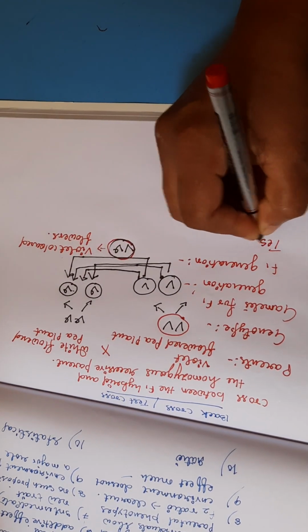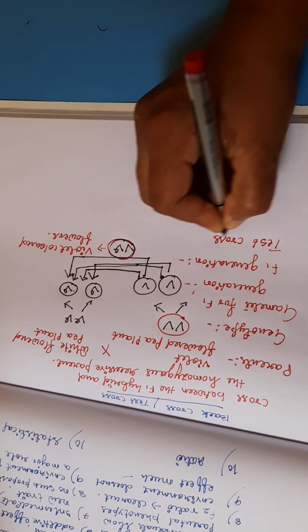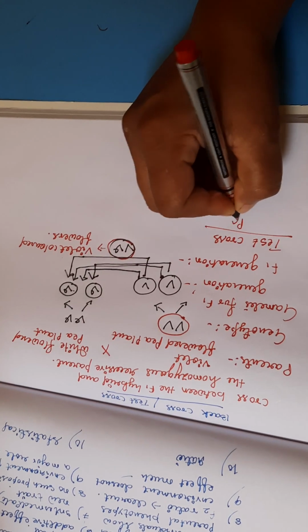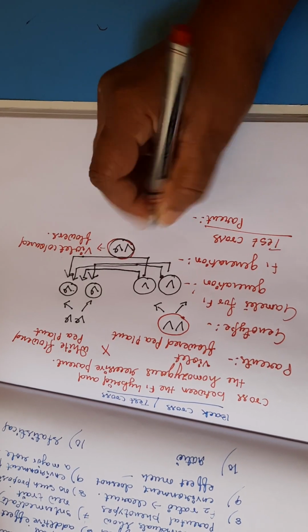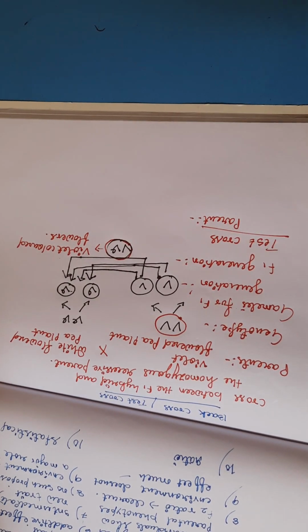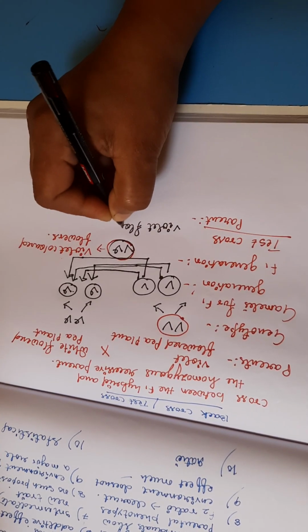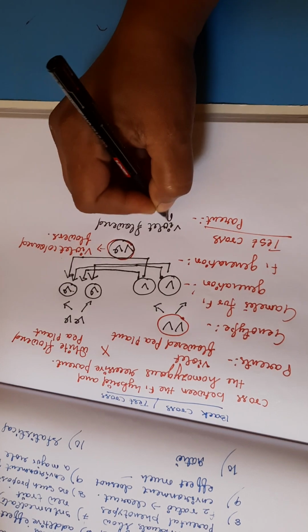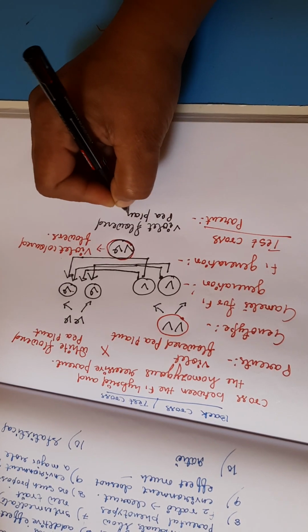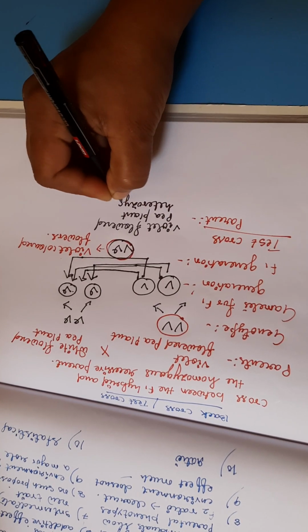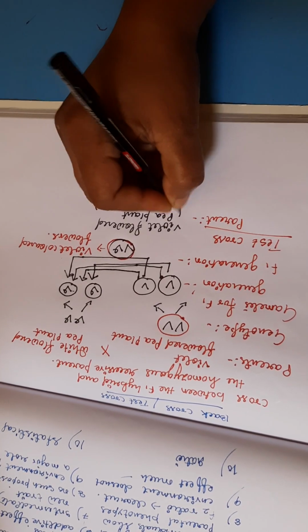Now if you want to carry out the test cross, then the definition says that it is the cross between the F1 hybrid. So my parent for a test cross will be this F1 hybrid, that is a violet flowered pea plant, but this violet flowered pea plant will be heterozygous for the allele.